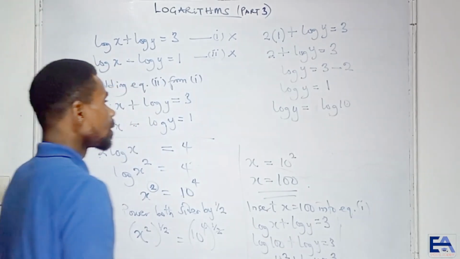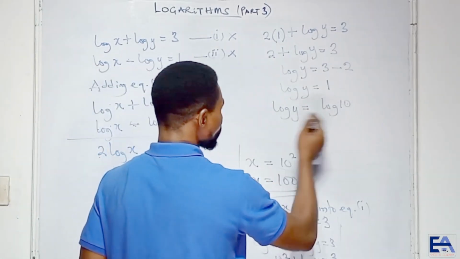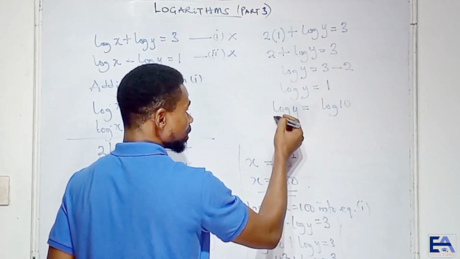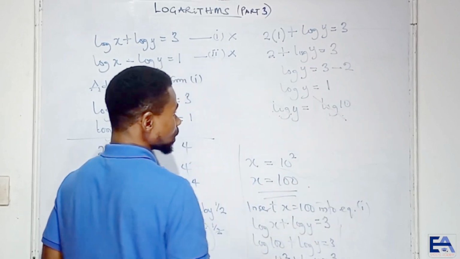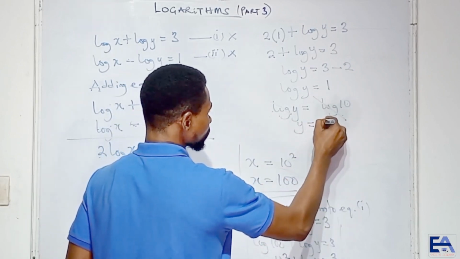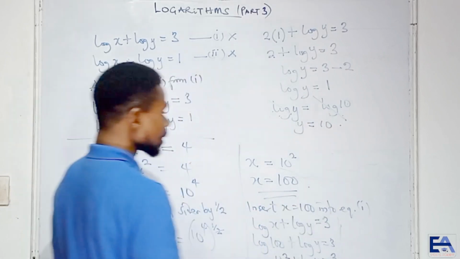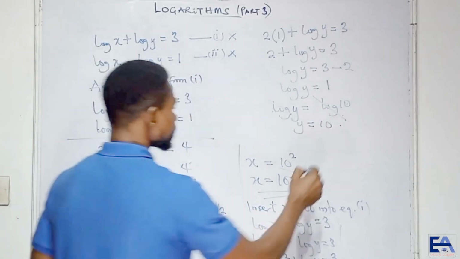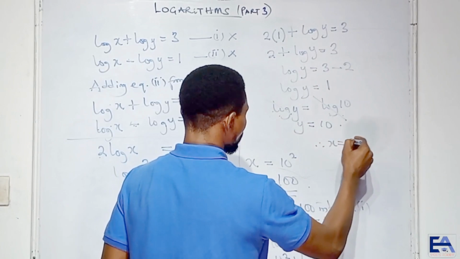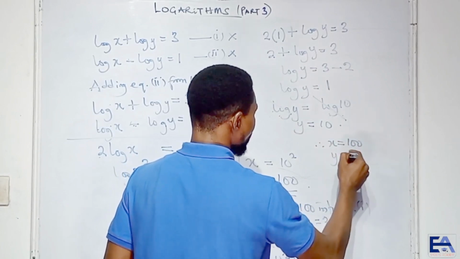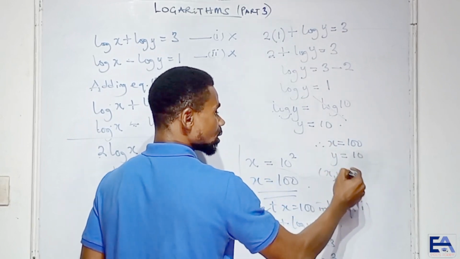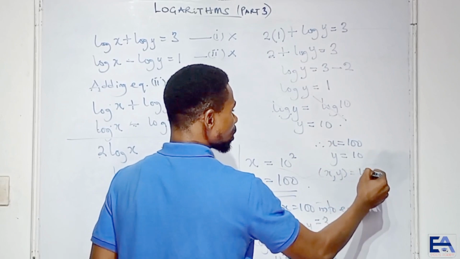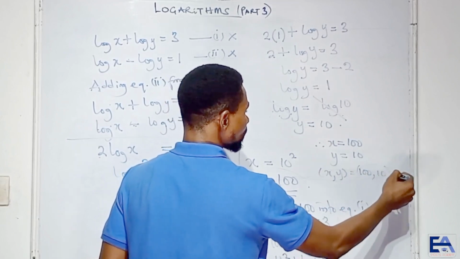So since we have the same logarithm on both sides, we can now cancel them out and say y equals 10. Which means x equals 100 and y equals 10. Or you can say x comma y is equal to 100 comma 10.